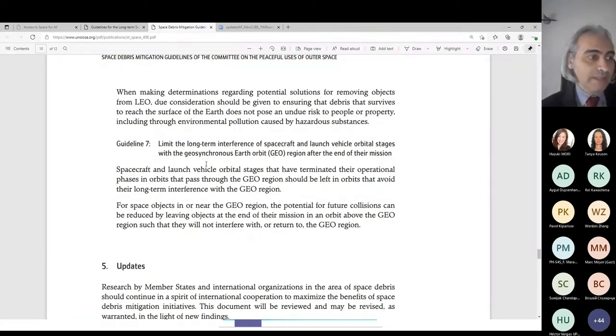So that long-term interference would not be applicable, and compliance will be easy to state because, unless the satellites are pushed up, they are naturally decaying.